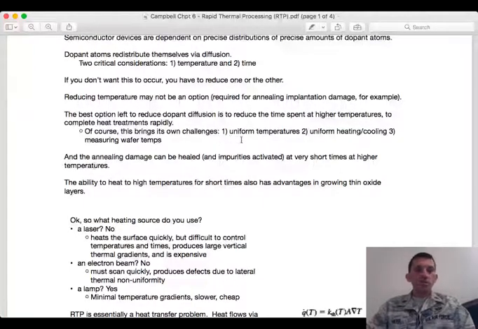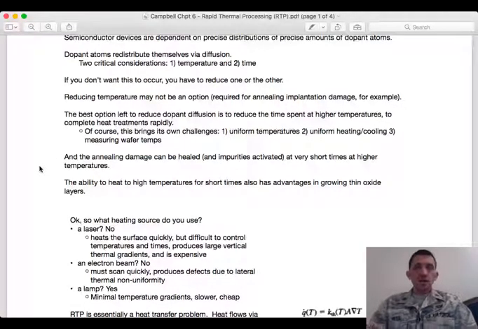One reason is that we're making many devices simultaneously on a large silicon wafer. This is one of the ways that we make these devices economic.